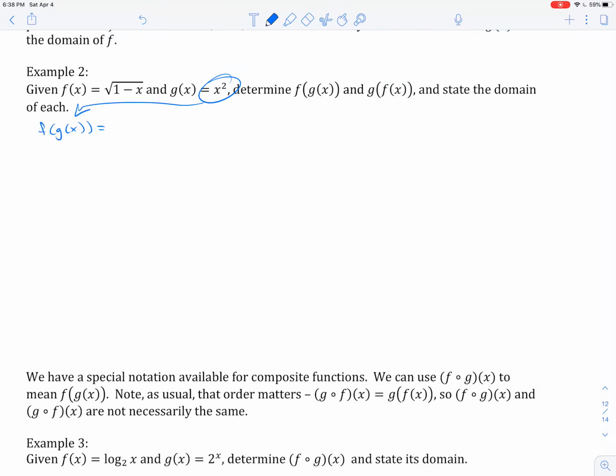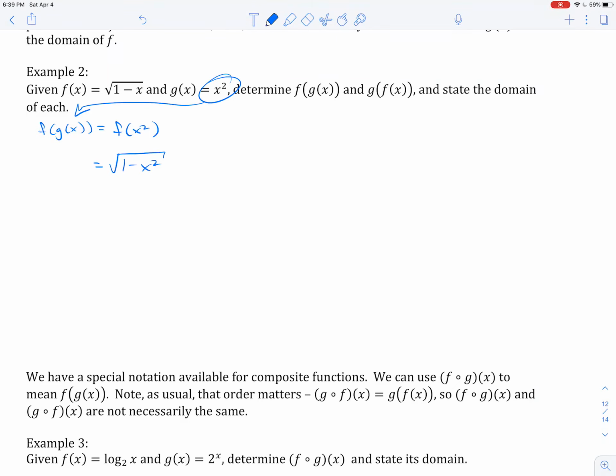So I'm going to take that and stick it in there. So I have f of x squared. What do I do with that? Well, if f of x is root of 1 minus x, I'm just going to change all those x's into x squared. So here I have root of 1 minus x squared.